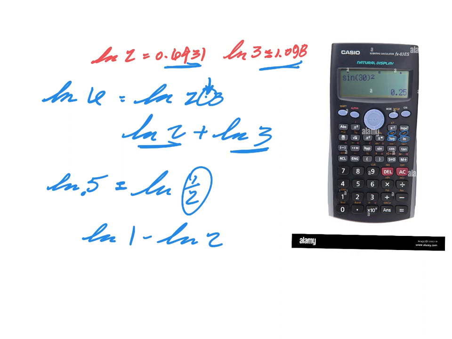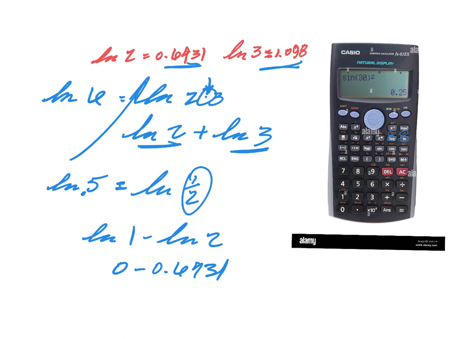And if you look back on page 695, they give you, in the middle of the page, example 9D, ln of 1 is 0. So we're doing 0 minus ln of 2, which is 0.6931. So you get negative that.